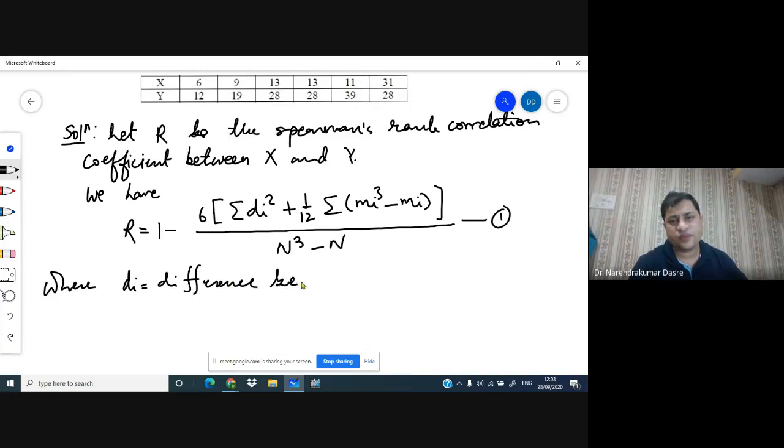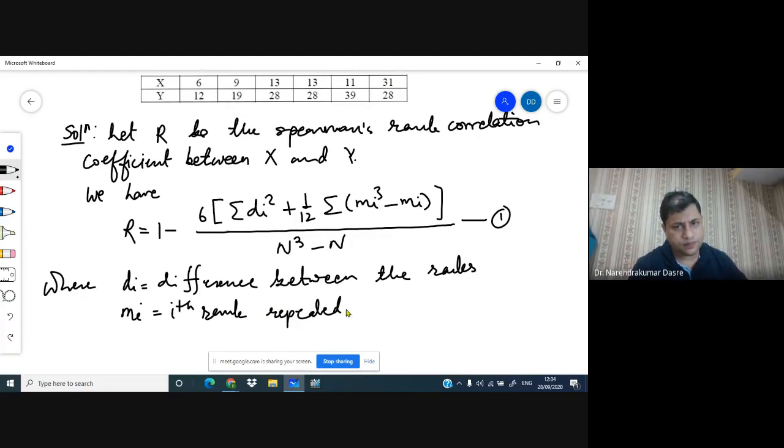Where di is the difference between the ranks. What is mi? mi is the ith rank repeated mi times.